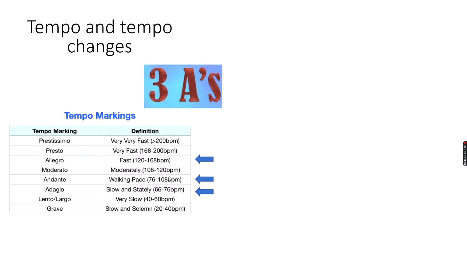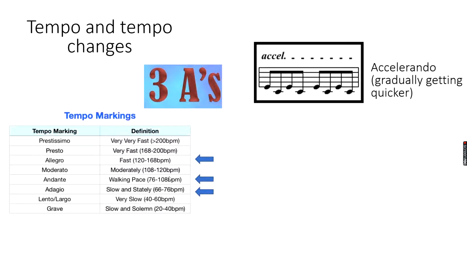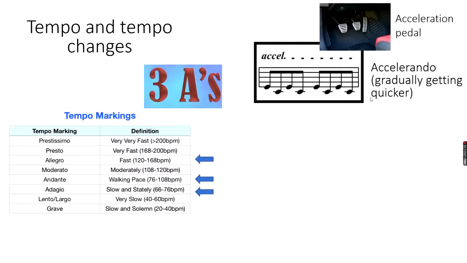There are, however, sometimes in music, sometimes the tempo or the pulse may change. It may get quicker, it may get slower. So we have accelerando, which means gradually getting quicker. So the music is gradually getting quicker in the pulse. And the easiest way to think about this is the acceleration pedal in a car.